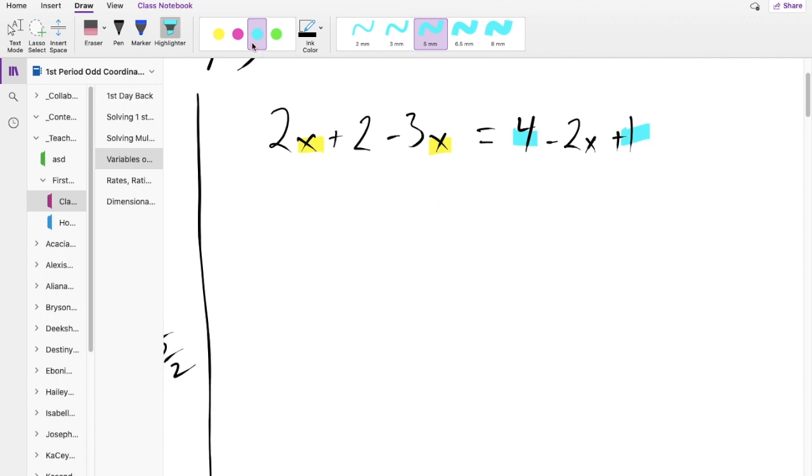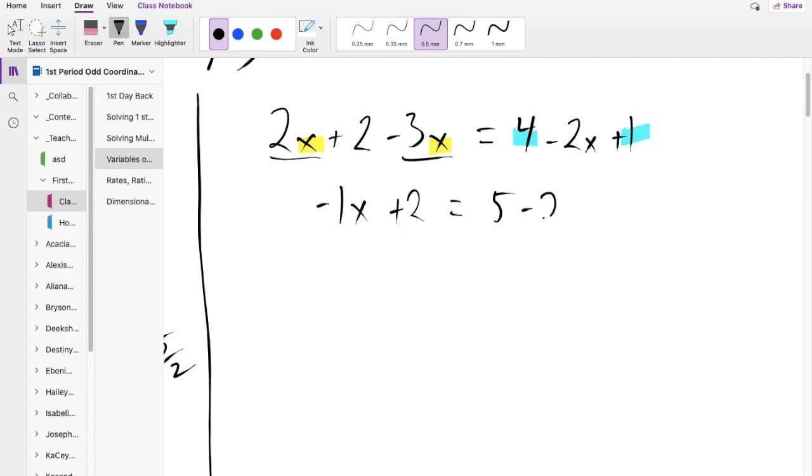So I'm going to start by simplifying both sides before I move on. 2x and this negative 3x can be added together to give me a negative 1x, and that plus 2 is still the same. On the other side, that 4 plus that 1 gives me a 5, and that negative 2x still remains the same.